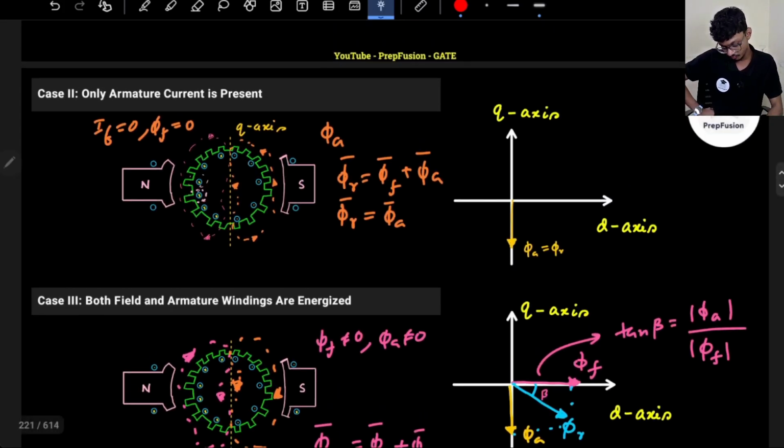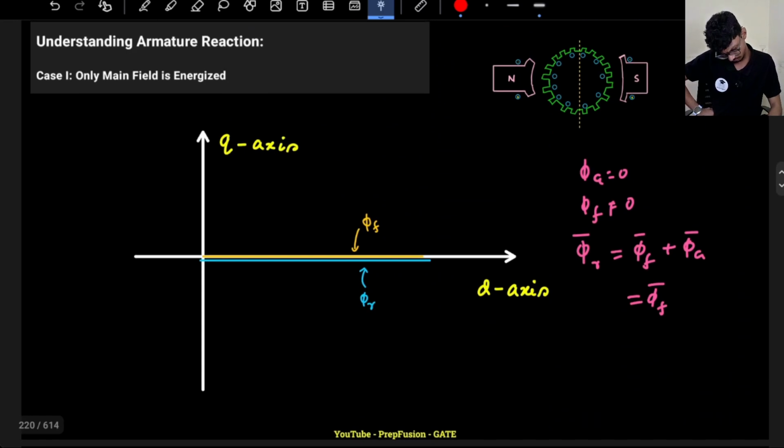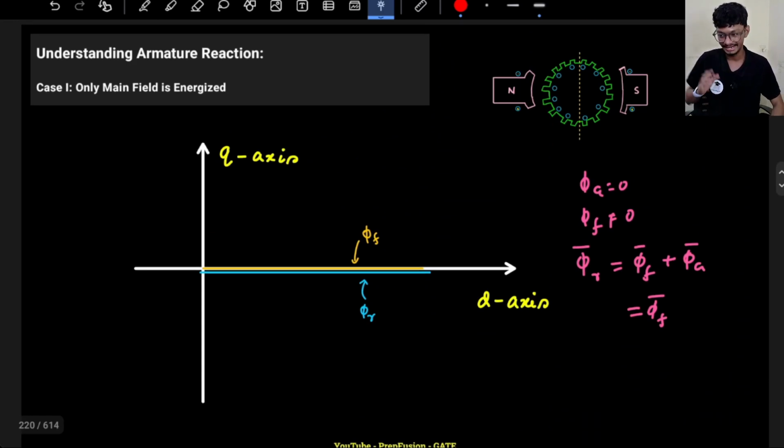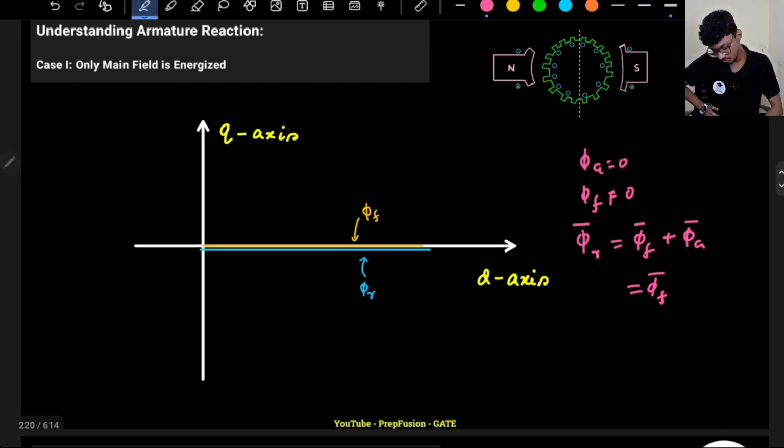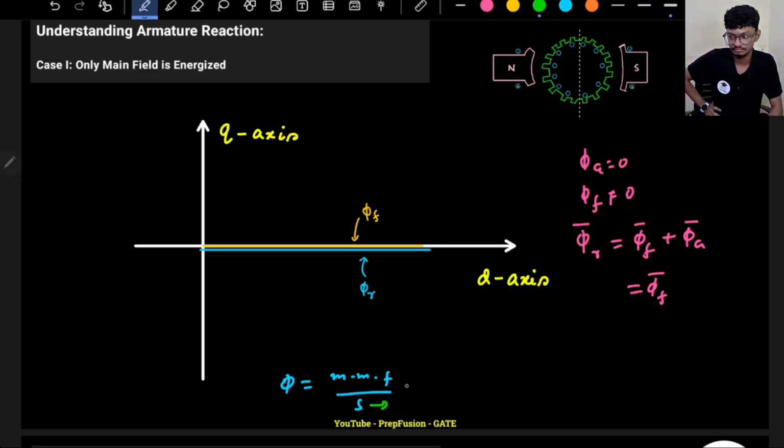One more thing I forgot to mention: what is the direction of the MMF? The direction of the MMF will be the same as the direction of the flux. What do you mean by it? I know that flux is MMF upon reluctance, and reluctance is a scalar quantity.